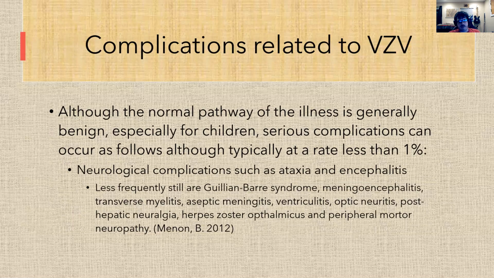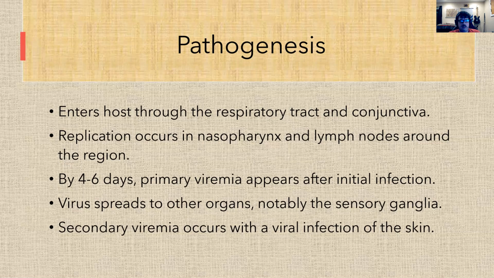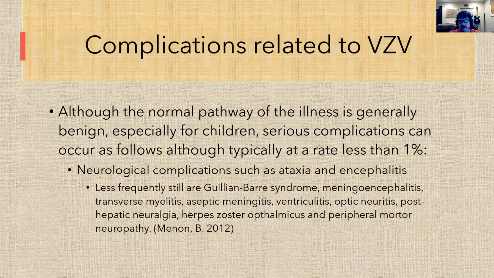Complications: it's important to note that these are less than 1% chance, and especially for children there's much less opportunity for complications, but adults have a higher chance, and usually these are neurological complications such as ataxia, encephalitis, Guillain-Barre syndrome, meningitis, ventriculitis.